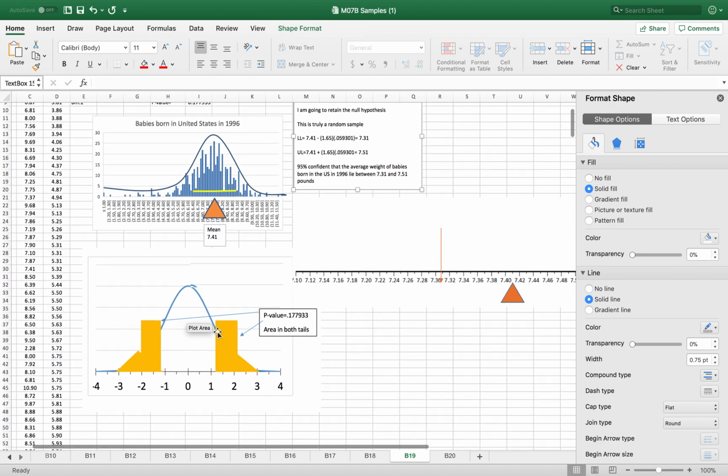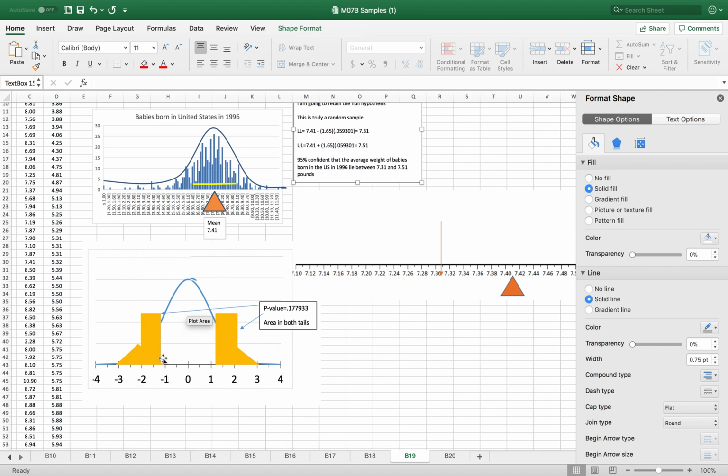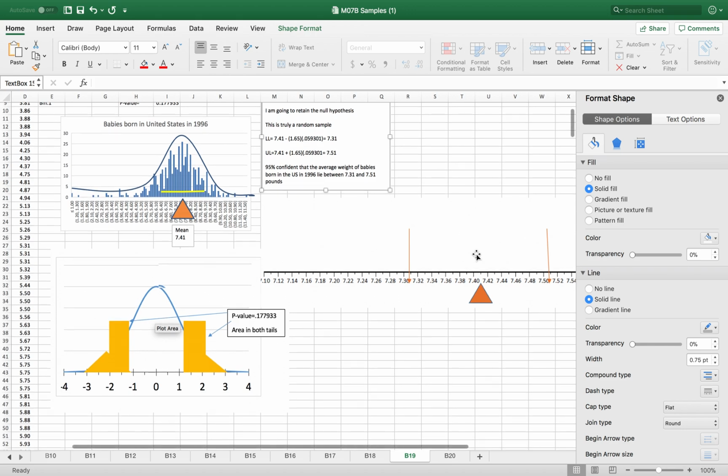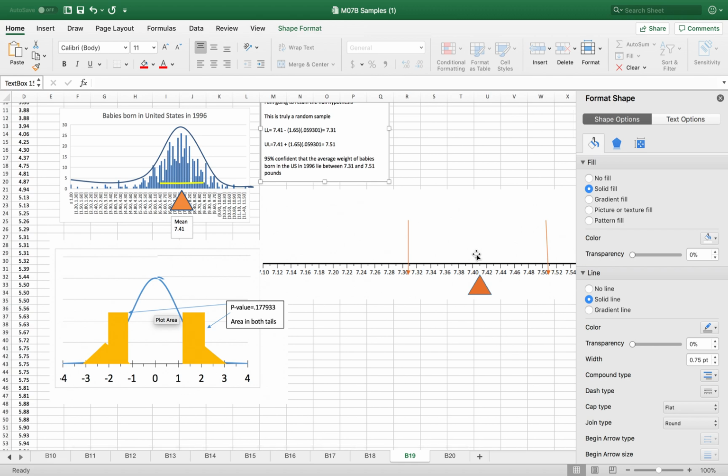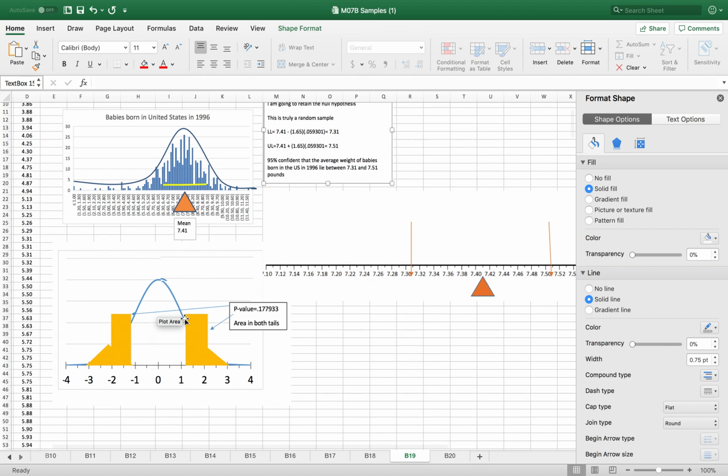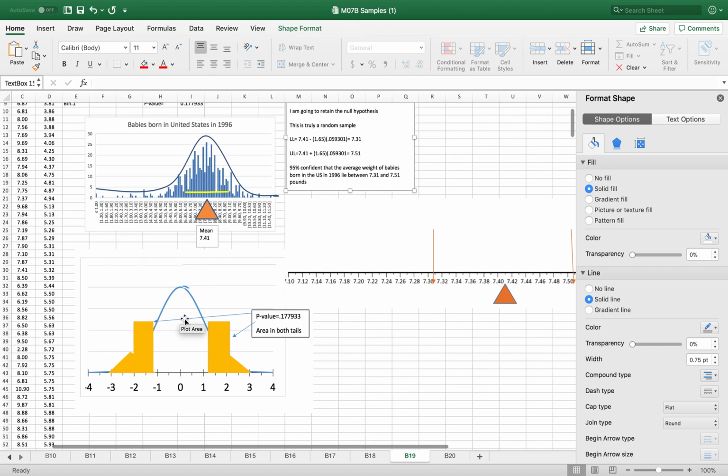But I did retain it, because it is showing a big portion. Looking at this, I can see that it is a reasonable estimate of the population mean, and 7.33 does lie in here, and this is showing a pretty big area of the graph, so that is why I am retaining the hypothesis.